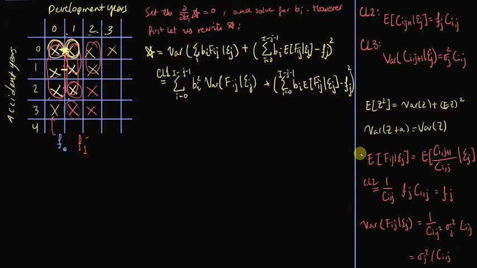So if we just plug all of this into our calculations here, then what we have is now a nice expression for the mean square error, where the b coefficients are no longer locked up inside of a conditional expectation operator.